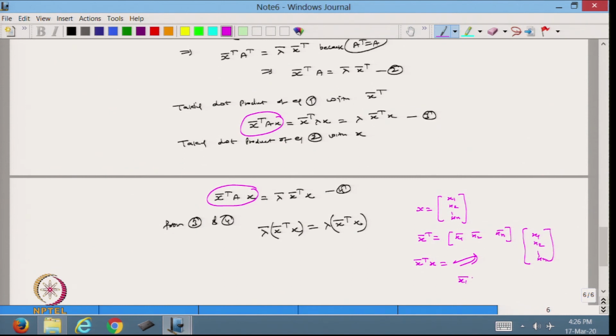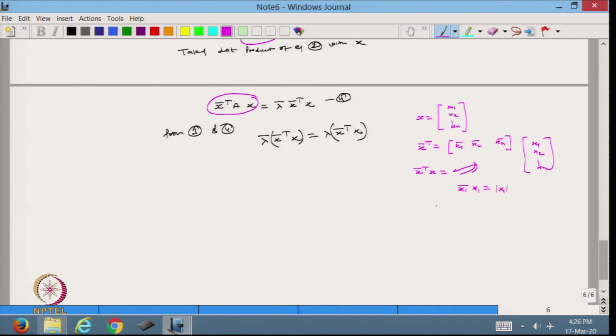And I know that a complex number multiplied by its conjugate gives the modulus squared, because a plus ib multiplied by a minus ib is equal to a square plus b square, and the modulus of a plus ib is the square root of a square plus b square.